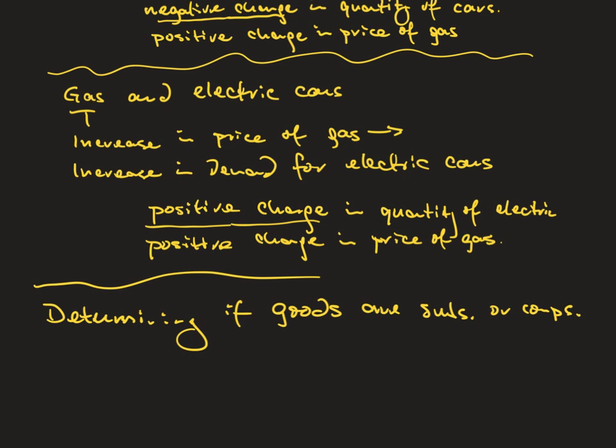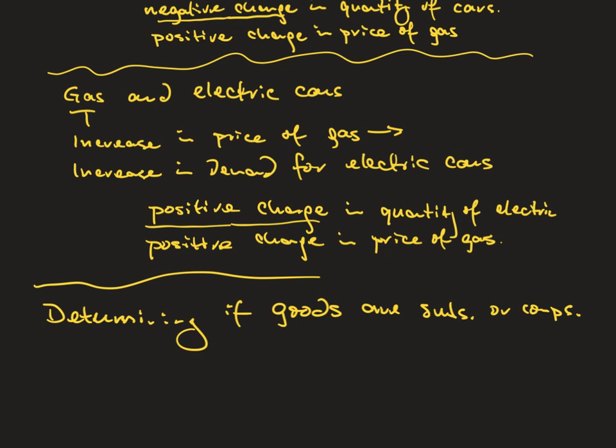So I brought up as an example of complements peanut butter and jelly, and said, when the price of peanut butter goes up, then you purchase less jelly. And someone, maybe Stephanie, said, well, not necessarily so. Maybe when the price of peanut butter goes up, then I need to purchase more jelly to compensate for it. And the way that you would eat them, if that's true, is as substitutes.